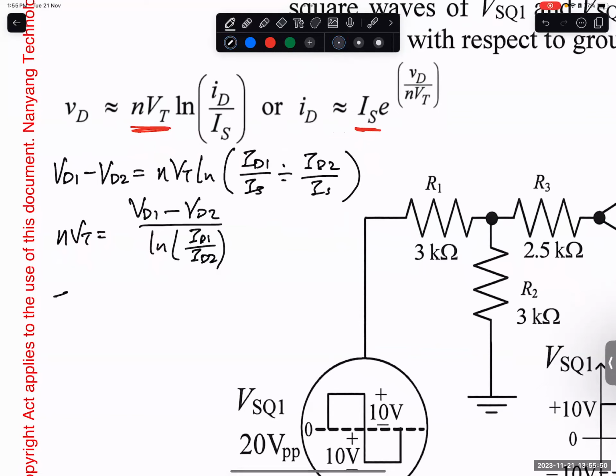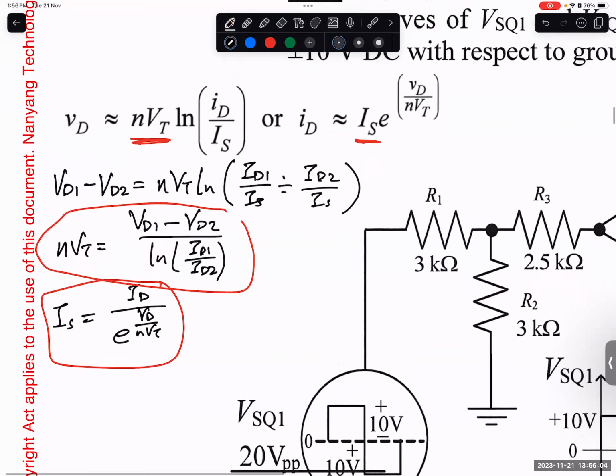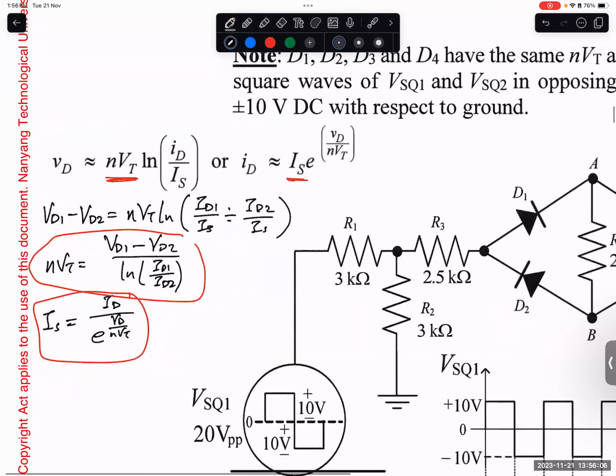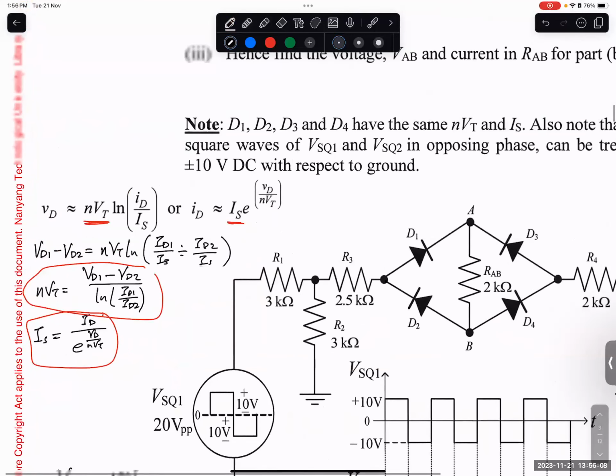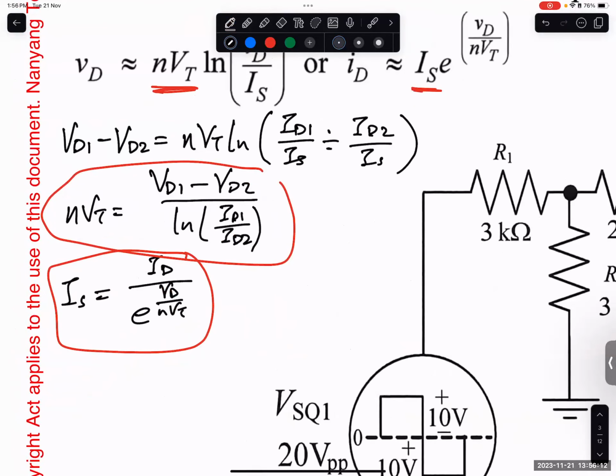Then to find IS, IS equals ID divided by e to the power of VD divided by NVT. So these are the two important formulas. Then you plug in first and find NVT and IS.